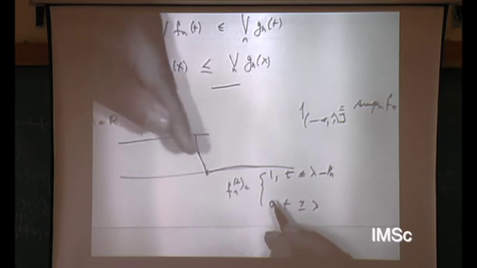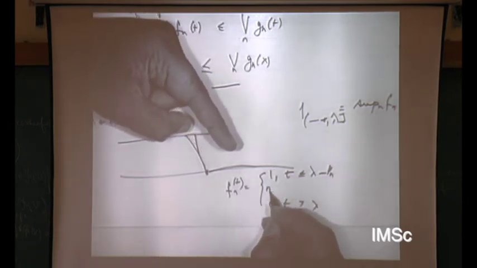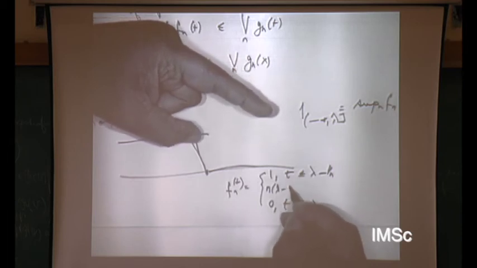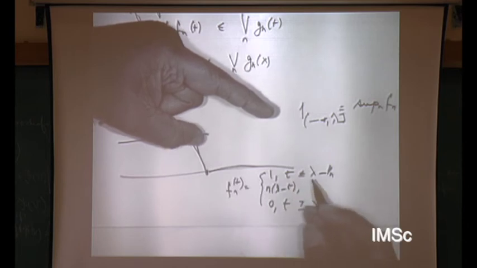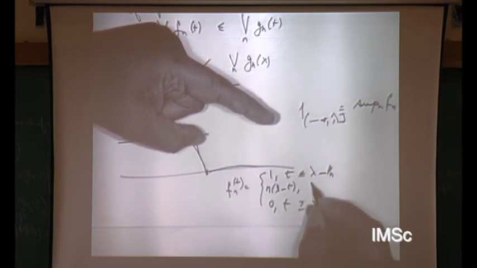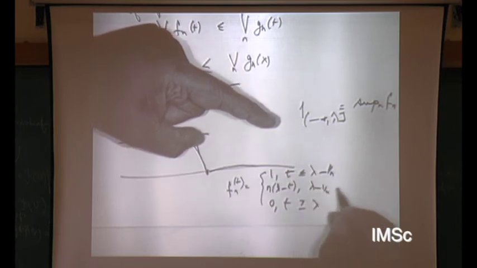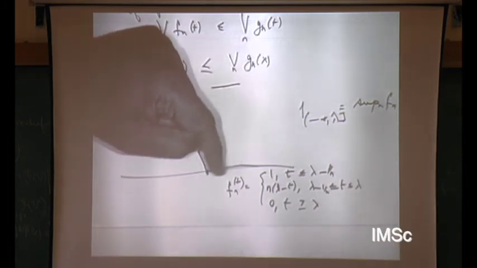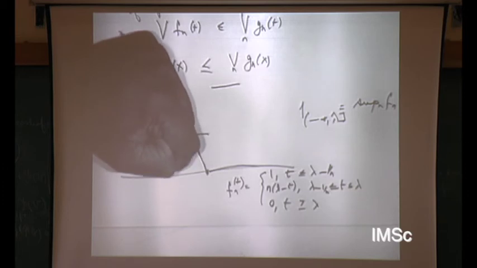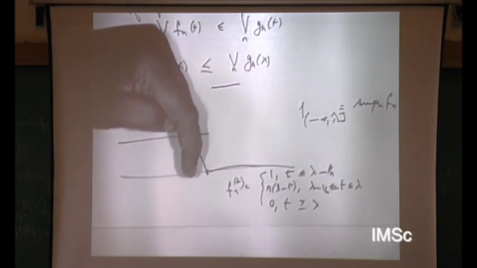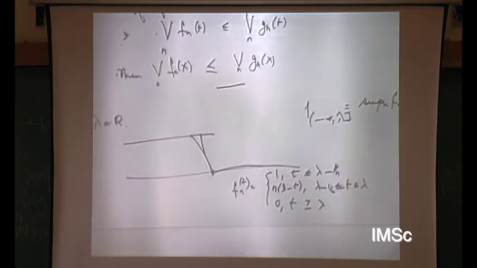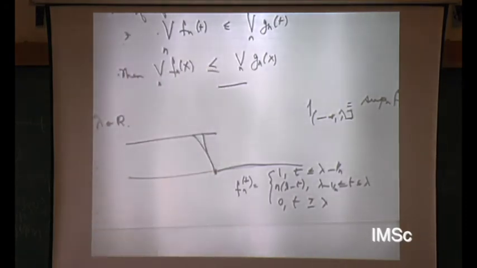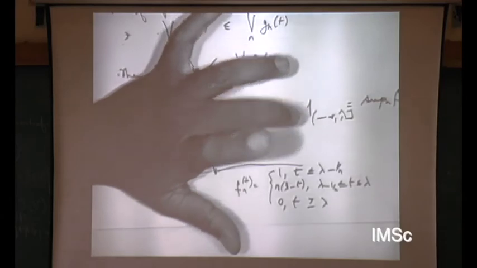So that is a linear function. This gives an increasing sequence of functions like this, which converge to this indicator function.